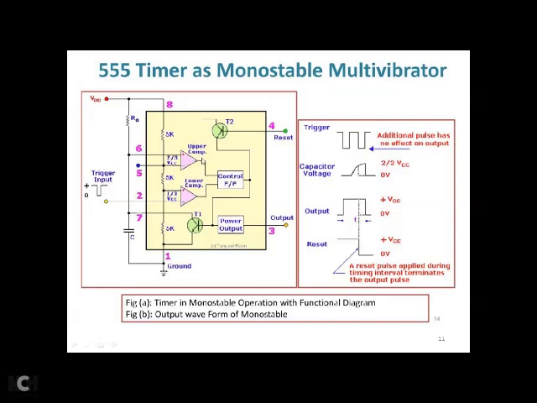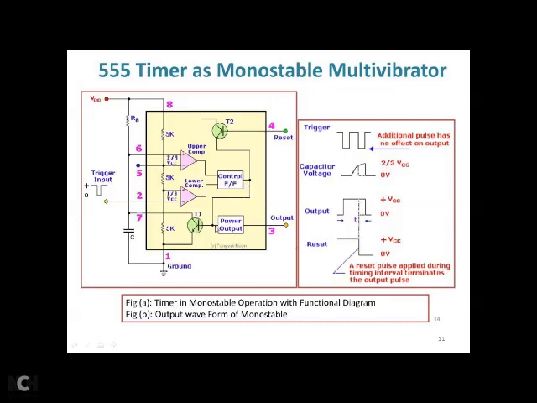Please remember, this is R, the reset pin of the flip-flop. So when this becomes 1, Q becomes 0 and Q bar is equal to 1, and the output becomes 0, from 1 to 0, right?